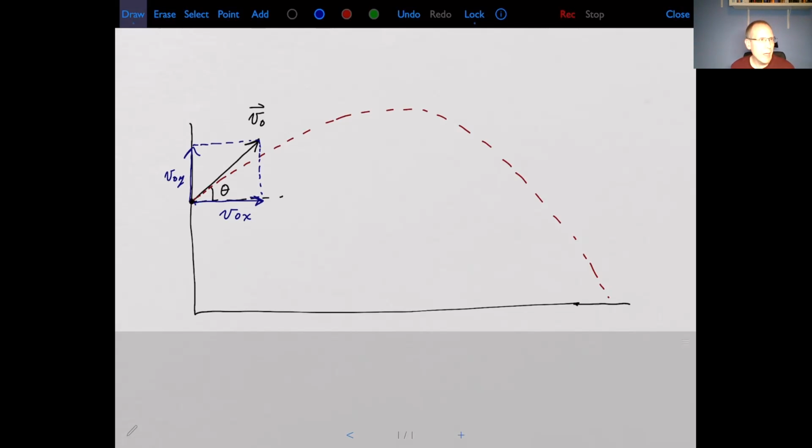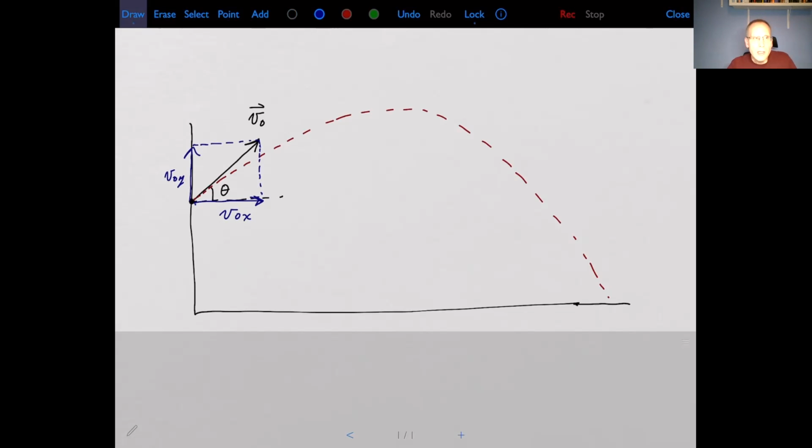Now let's focus just on the x direction for now. Assuming there's no air resistance, that means there are no forces acting on the ball in the x direction after it leaves the launcher. If there are no forces in the x direction, the acceleration in the x direction is 0, because if the net force is 0, the acceleration must be 0.